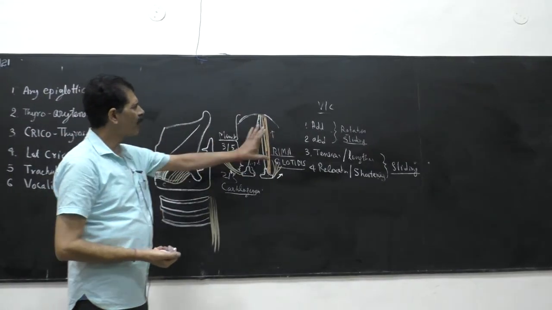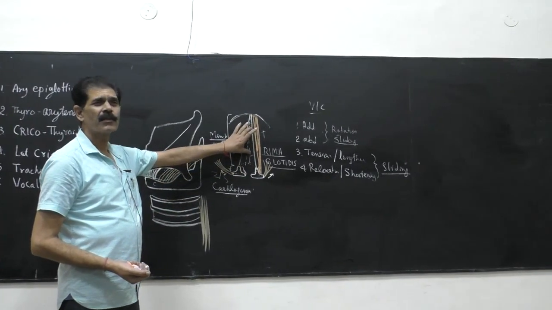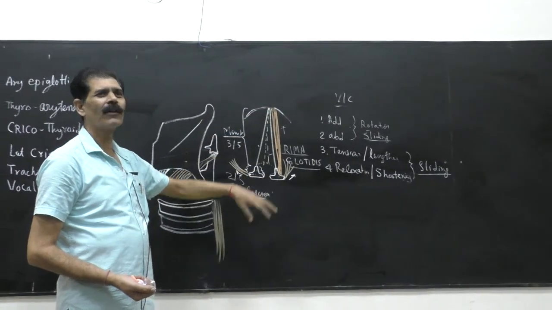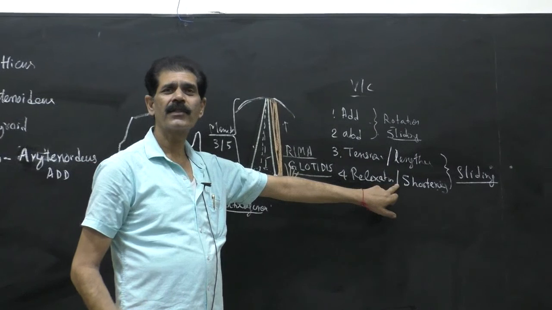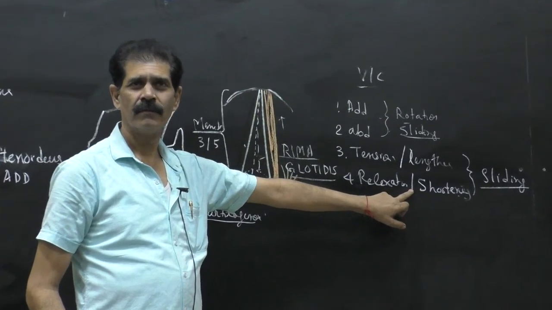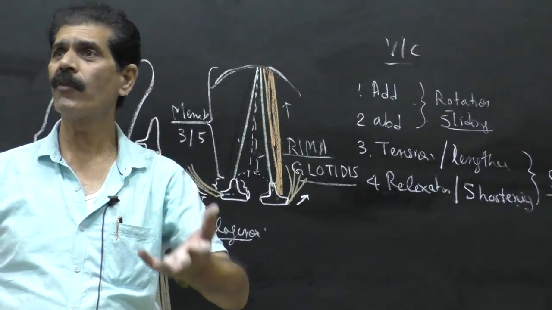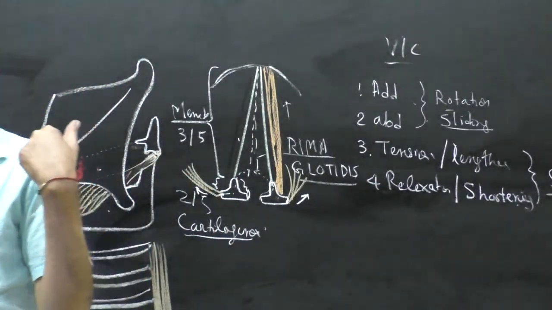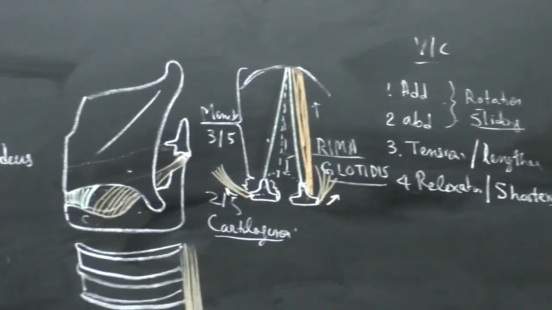When it moves forward, what will happen? The vocal cords become smaller in length. So what is the action? Relaxation or shortening of the vocal cords. When is it required? During production of resonance of the voice. So you have to write the action: shortening of the cords.